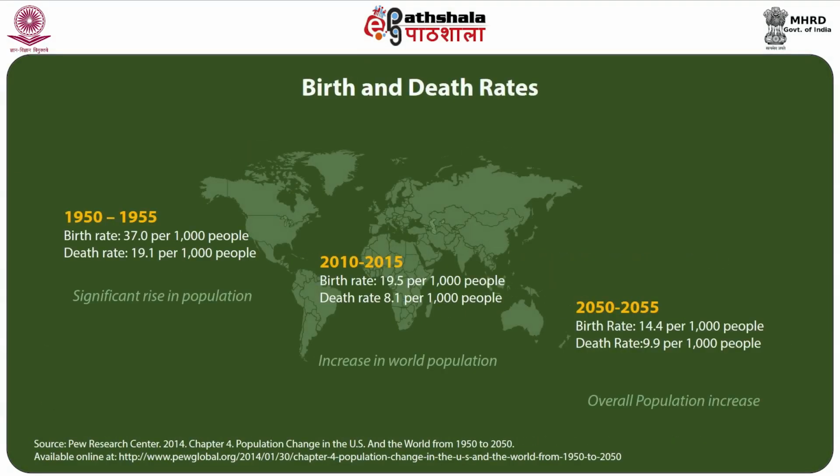Overall, if you look at the birth and death rates in the world as a whole, there is a decline in the birth rates and a further decline in the death rate, which clearly indicates a significant rise in the population. If we look further, the world population, no doubt, has shown an increase during the period, for example between 2010 to 2015, and the overall population increase has again been noticed in the case of birth and death rates, which have contributed significantly.